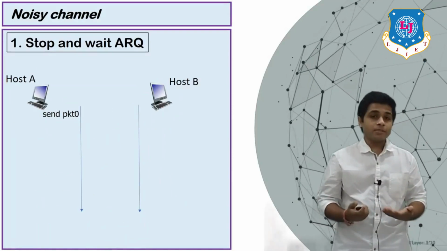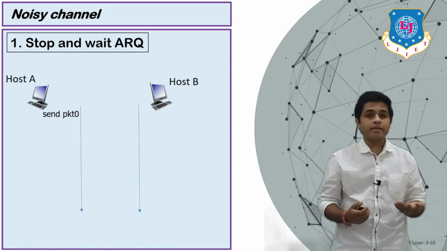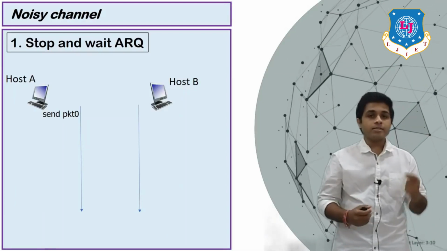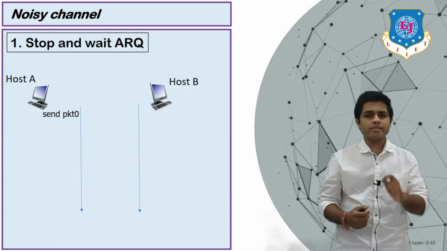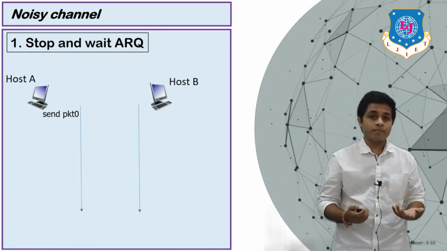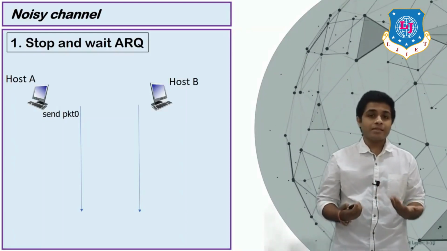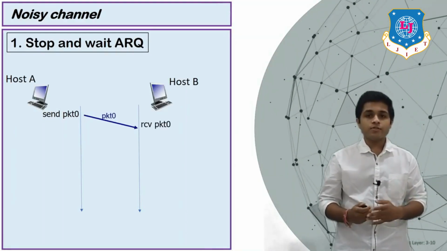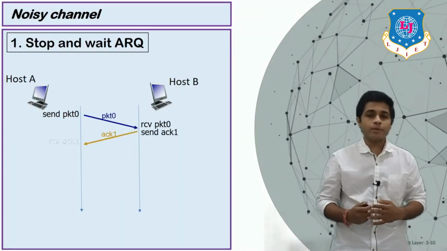Now what happens if the received packet contains some error? What I'm trying to say is the packet is sent by the sender and the receiver has received the packet, but the received packet contains some error. So what happens in that case? So A has sent the packet 0, B has received the packet 0, it will send the acknowledgement 1.